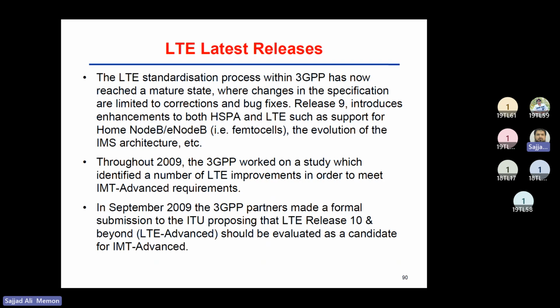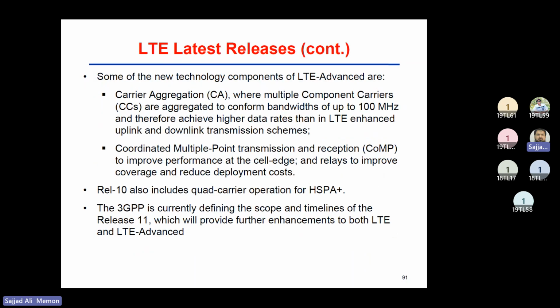Throughout 2009, the 3GPP worked on a study which identifies a number of LTE improvements in order to meet IMT-Advanced requirements. In September 2009, the 3GPP partners made a formal submission to the ITU proposing that Release 10 and beyond, LTE Advanced, should be evaluated as a candidate for IMT-Advanced.